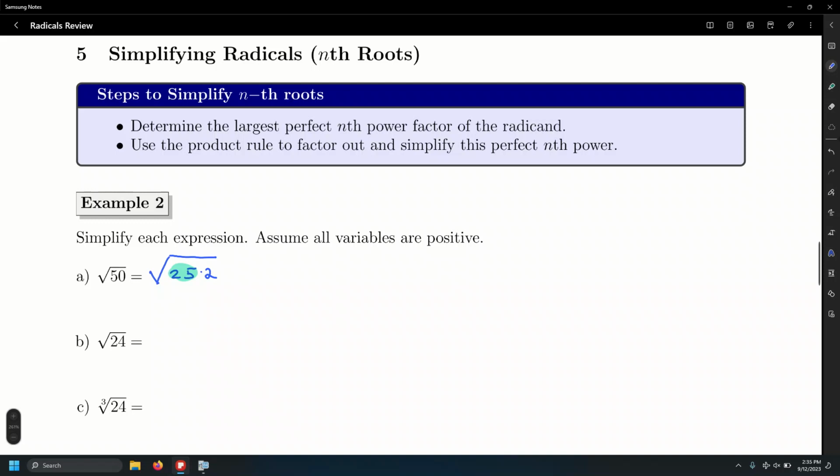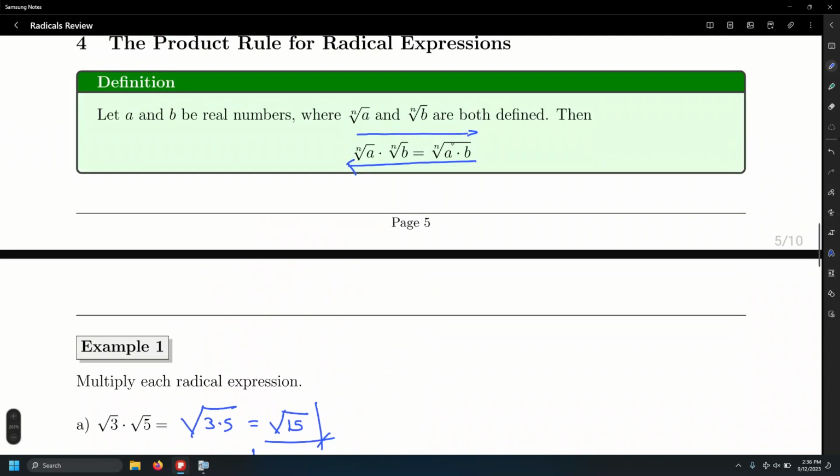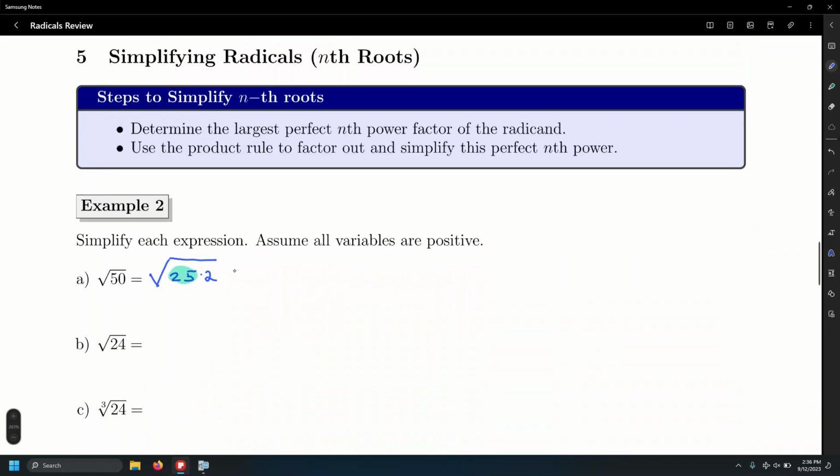But now we have the radical of a product. In the same way we have the radical of a product, we're going to go backwards and write it as the product of two radicals instead. All right, that'll be the square root of 25 times the square root of 2.